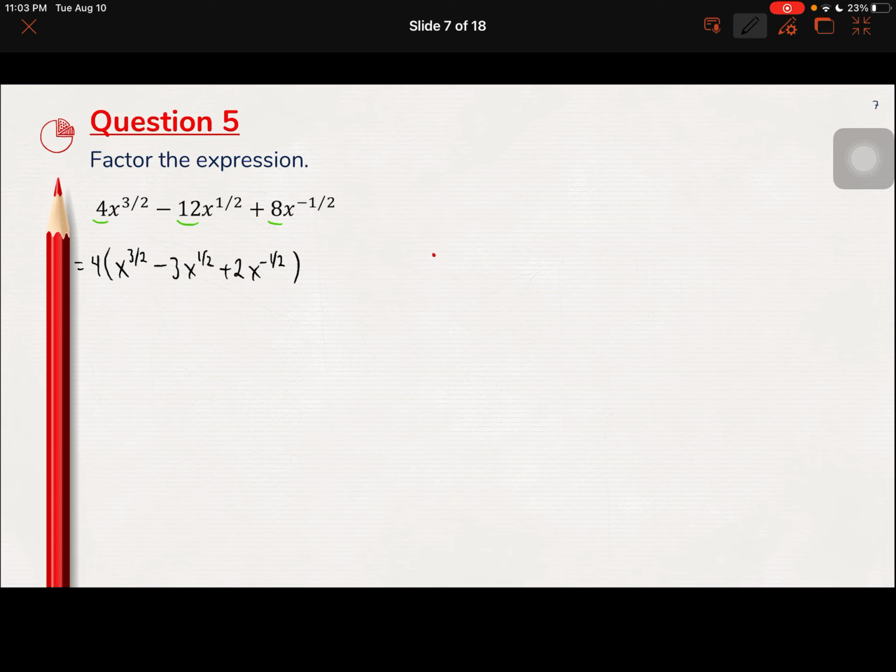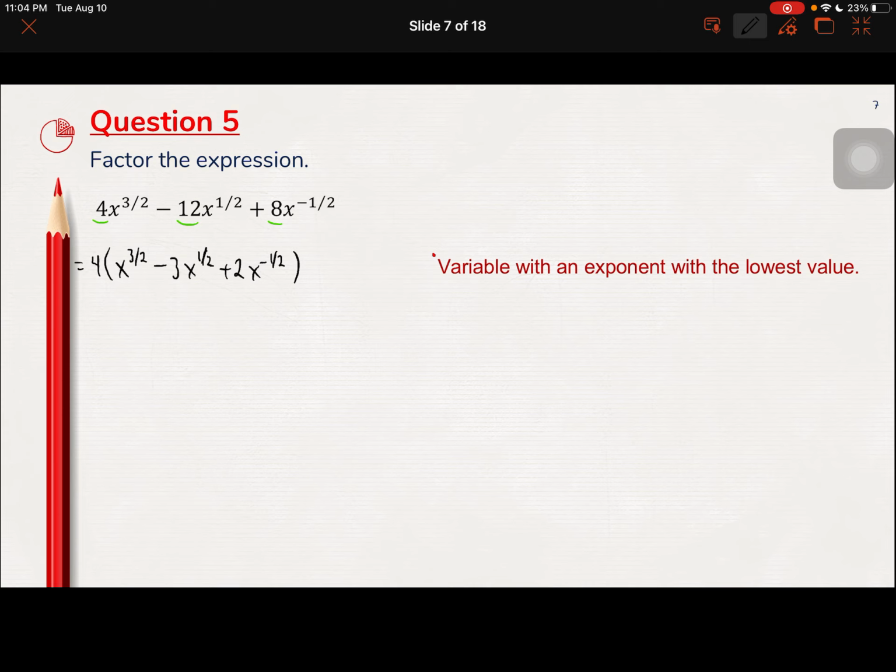Now we need to factorize the expression with x, and one thing that you need to check or scan is to just focus on the variable with the exponent with the lowest value.